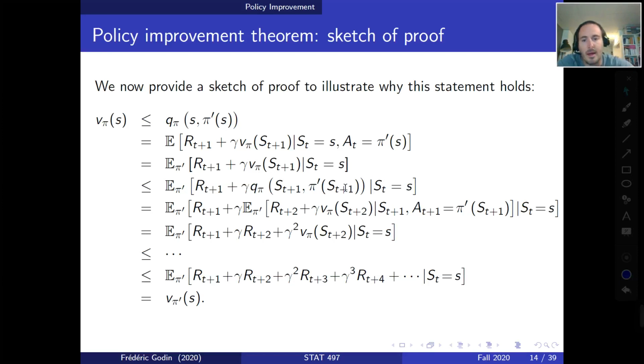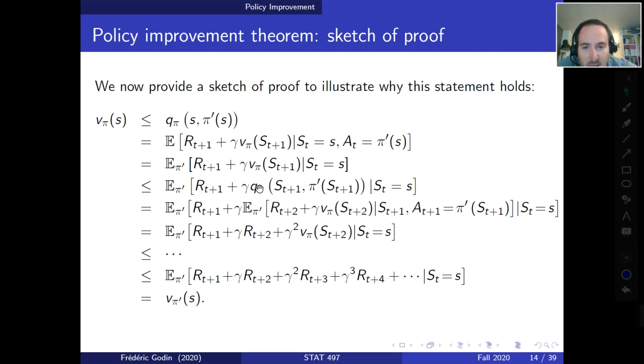Again, this is exactly the same rationale we've used previously: we can also apply this equality for state S t plus 1. So q pi of S t plus 1, pi prime of S t plus 1, is the expectation under the policy pi prime of the next reward plus gamma times v pi of S t plus 2. So here, why is it v pi and not pi prime?